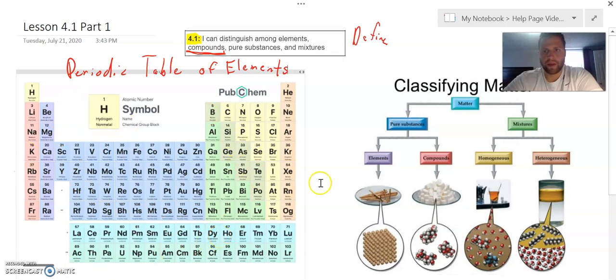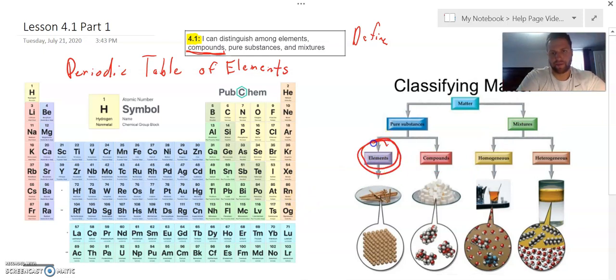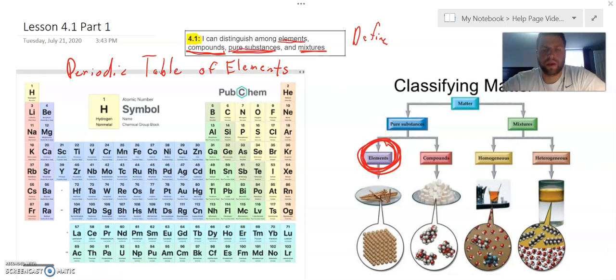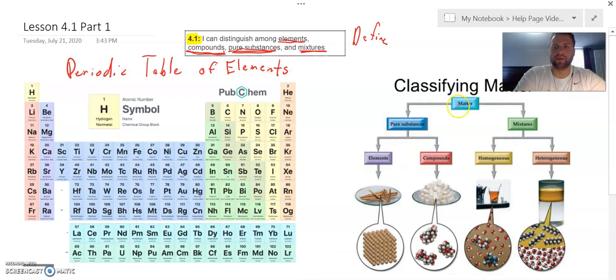okay? As we look to the right, we see a classifying matter flowchart. And even though elements are here at the bottom, what we really want to realize is that every type of combination is possible because of elements themselves. So even though elements are the true building blocks of nature, on a broader scope, what we say is that our Earth is made up of a word called matter, okay?